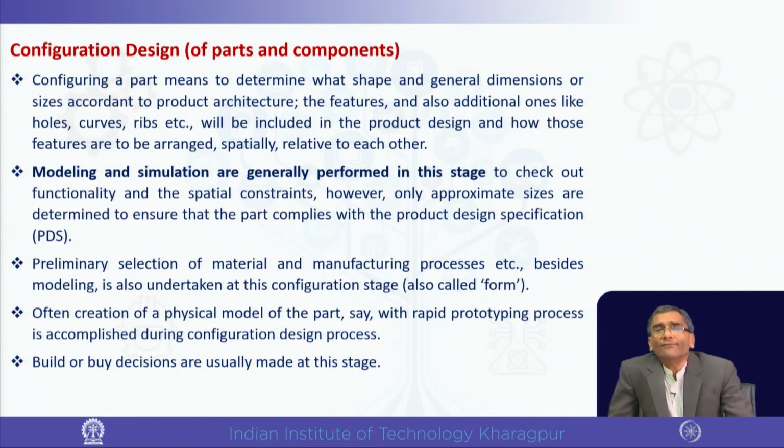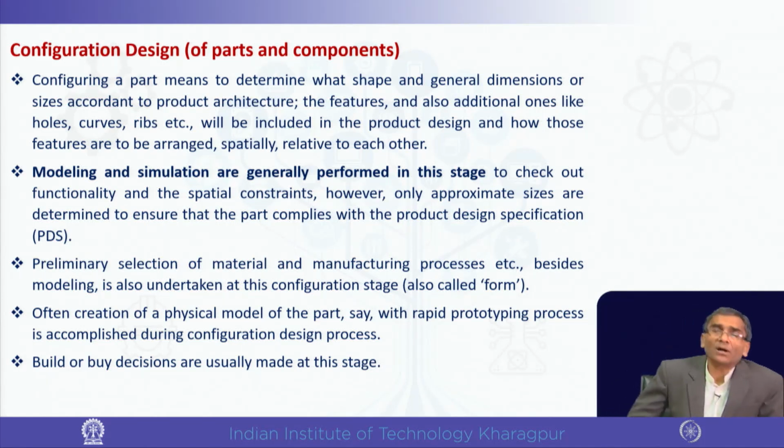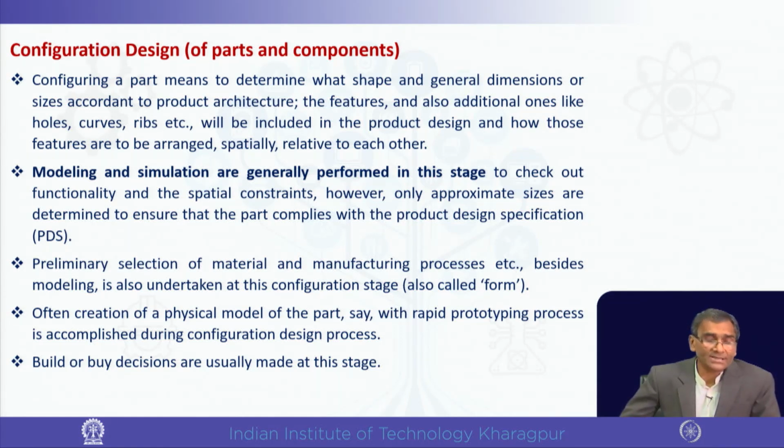Now, after the product architecture, it is the configuration design of parts and components. That is, configuring a part means to determine what shape and general dimensions or sizes according to product architecture.